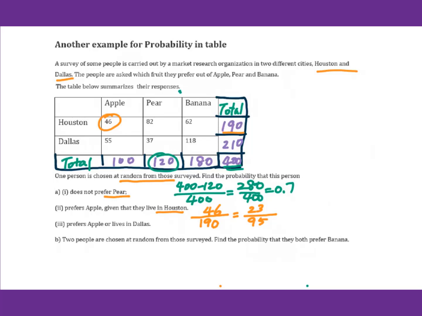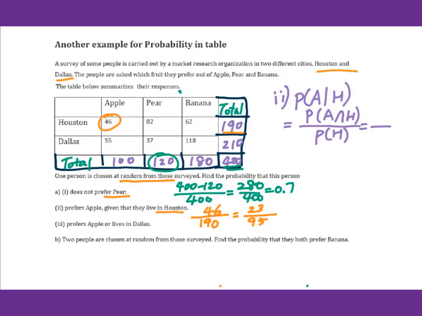For second question, we can use a conditional probability formula. Prefer Apple, so we do probability of Apple given that live in Houston, so I use H. You will get the probability of Apple and Houston over probability of Houston.